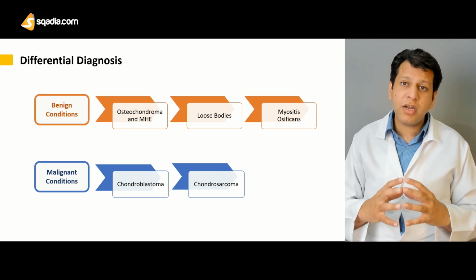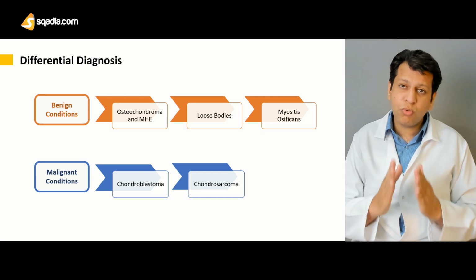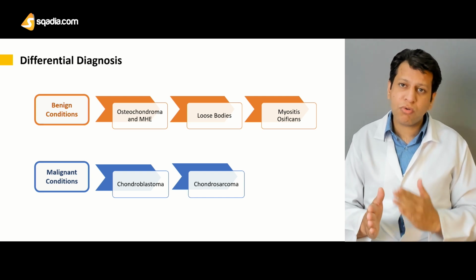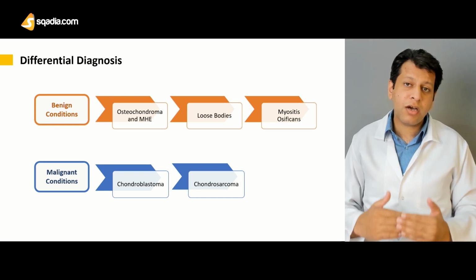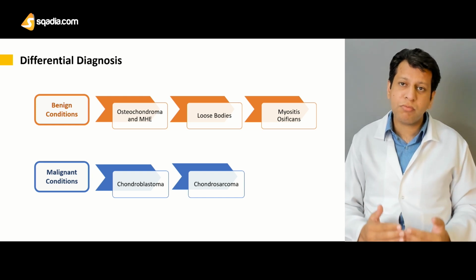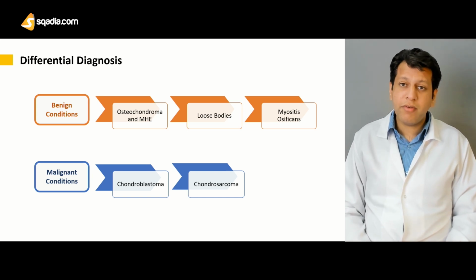Therefore, it's very difficult at times, just looking at the X-ray, to rule out whether this is chondrosarcoma or synovial chondromatosis. Therefore, when we are seeing a patient with synovial chondromatosis, we should keep chondrosarcoma in our differentials.